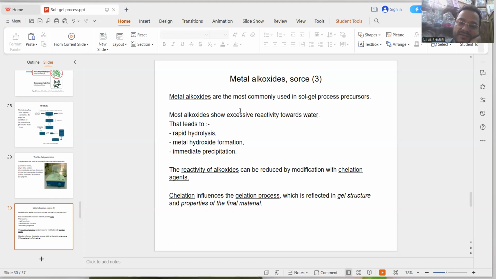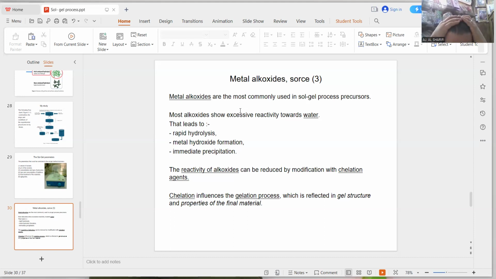This reactivity toward water leads to what? It leads to rapid hydrolysis. That's what we want. Metal hydroxide formation, immediate precipitation.